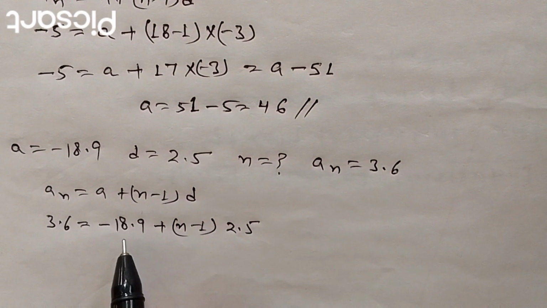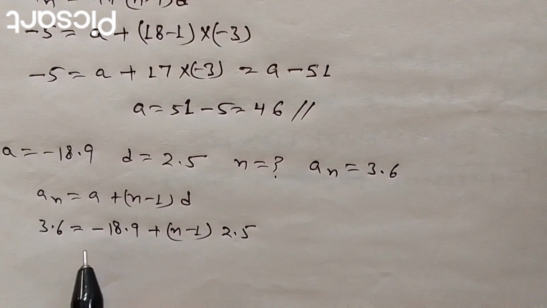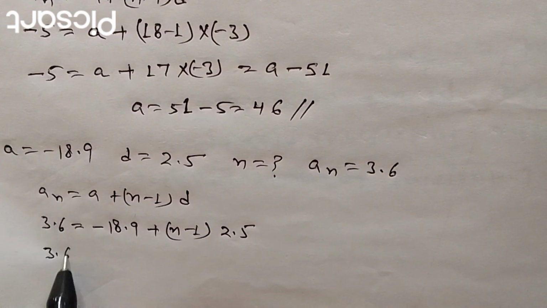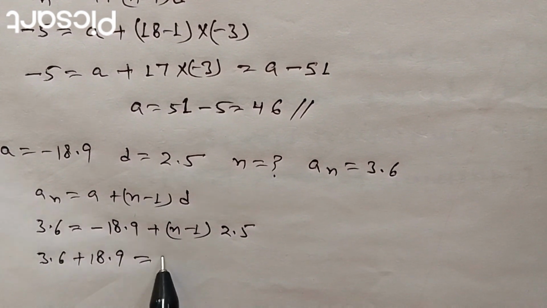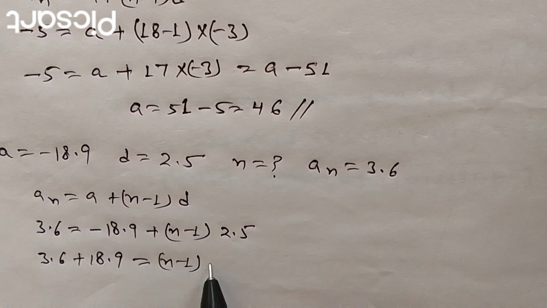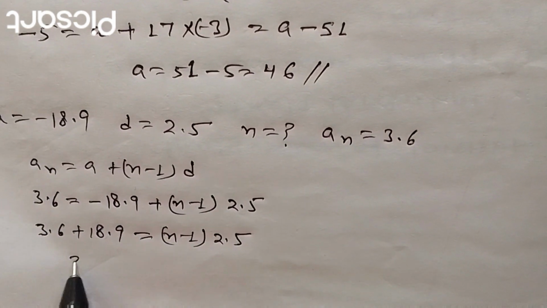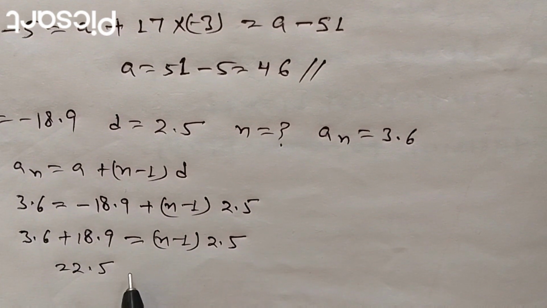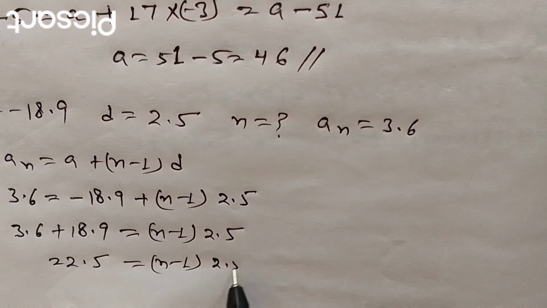So we will carry 18.9 towards the other side. It will become a positive value. 3.6 plus 18.9 is equal to n minus 1 times 2.5. So it will become 22.5 on adding, equals n minus 1 times 2.5.